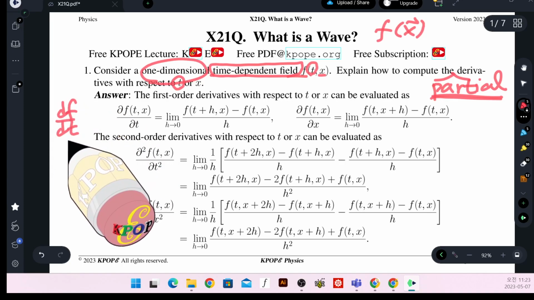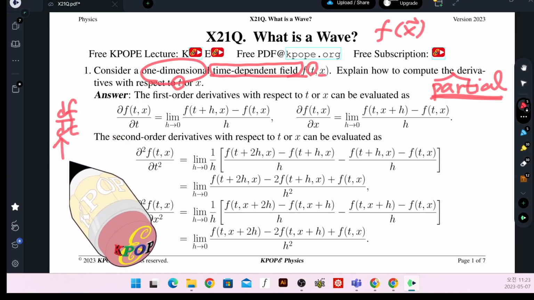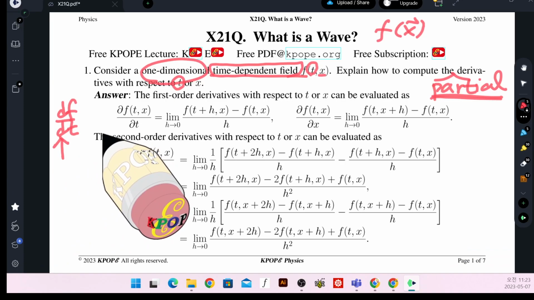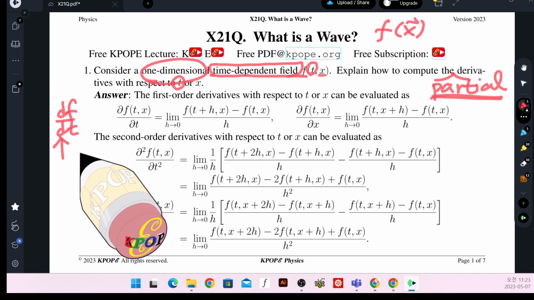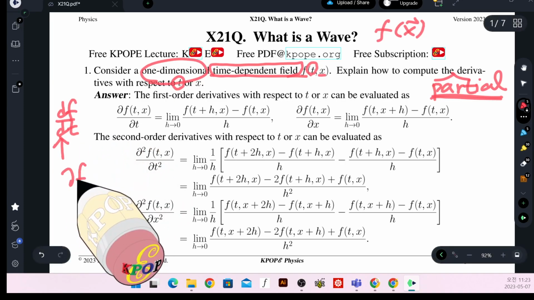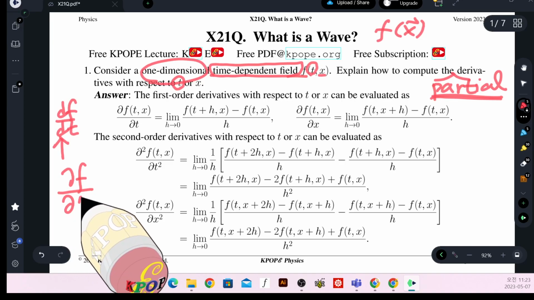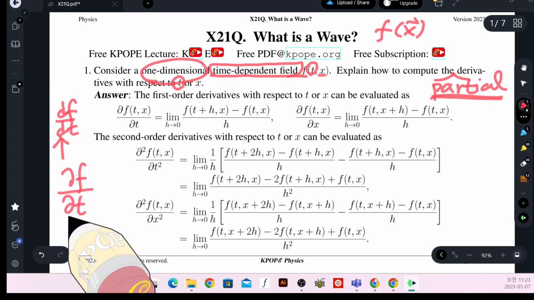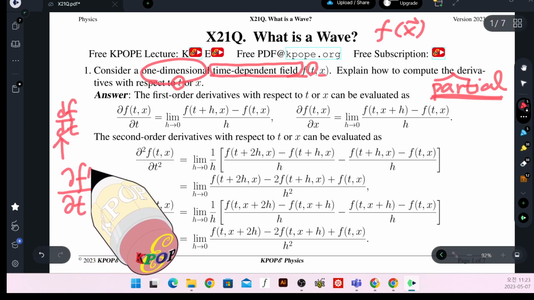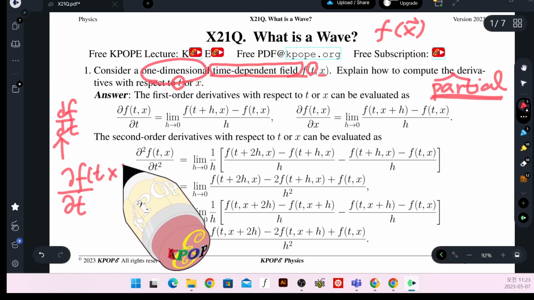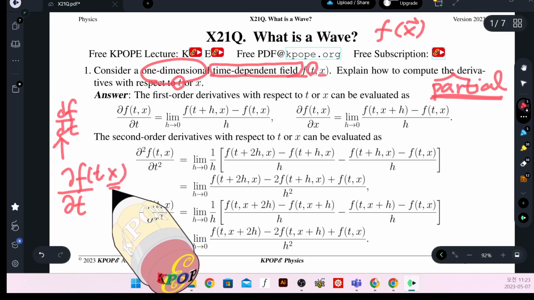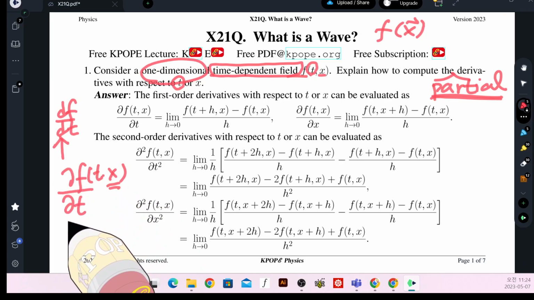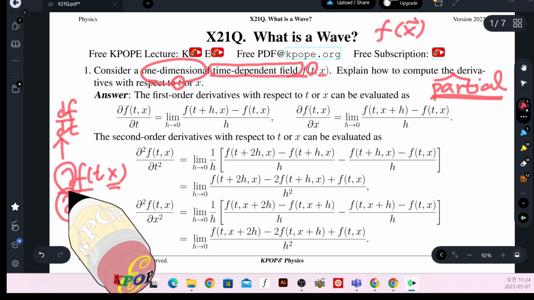This Leibniz operator is used for the derivative of a single variable function. Instead, if we have many variables and I would like to vary time only, keeping x as a constant, then we use this operator.